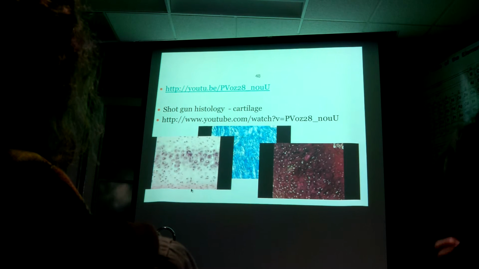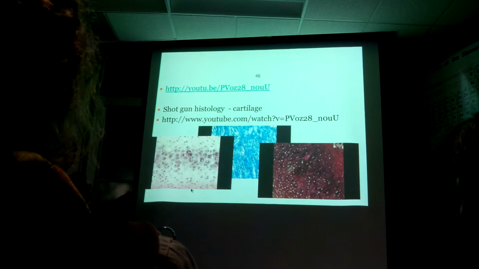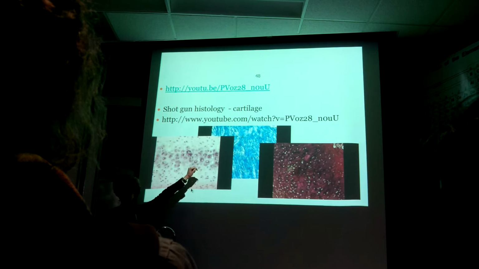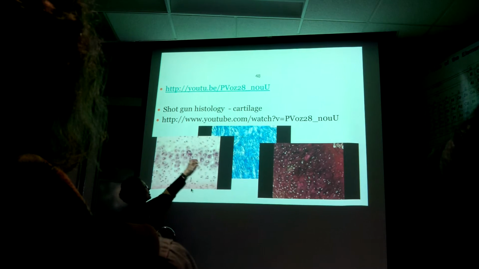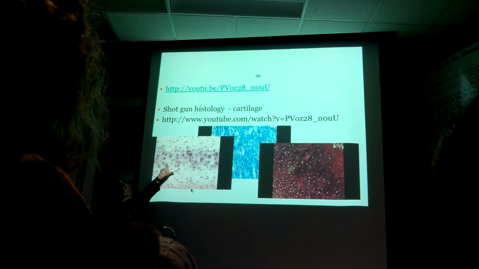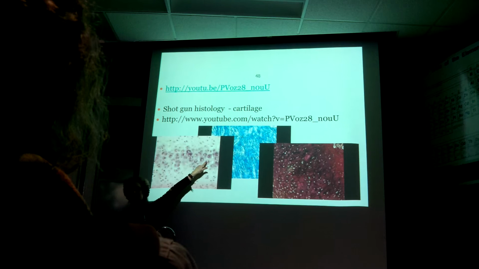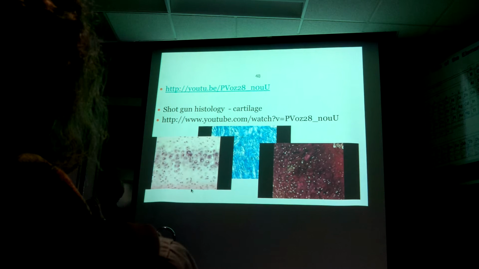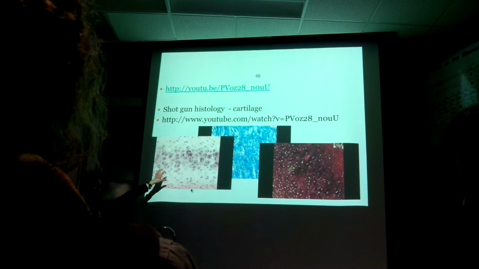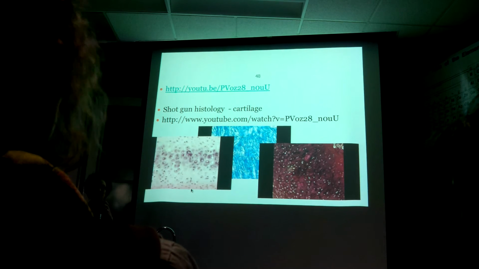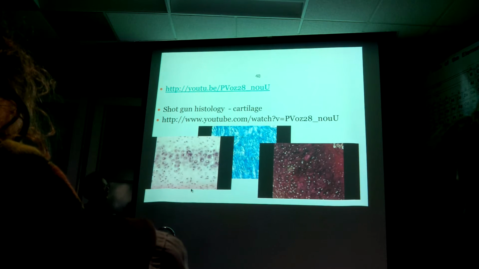And you see how the cells, the chondroblasts and chondrocytes, kind of get walled in these little lacunae. These are called lacunae, these little circles. And what you're seeing is the nucleus of the cell inside this little lacuna. And this is very characteristic of cartilage, that you have these little chondrocytes inside the lacunae.